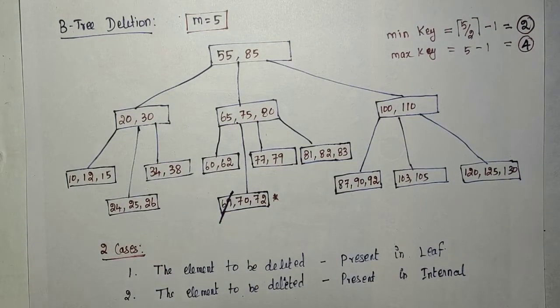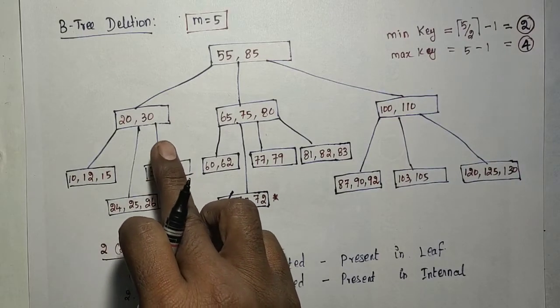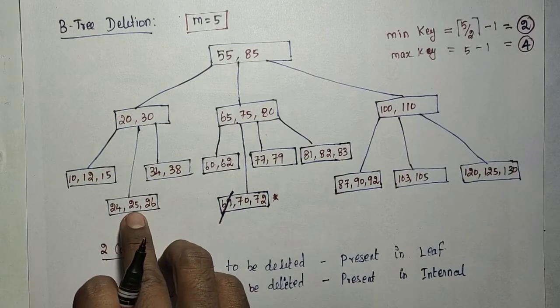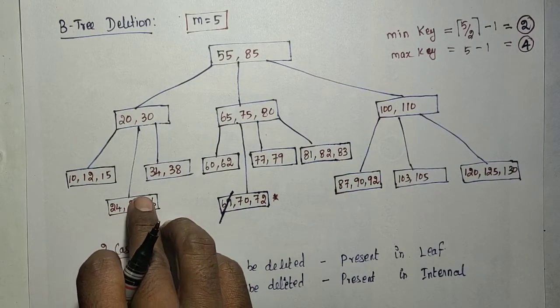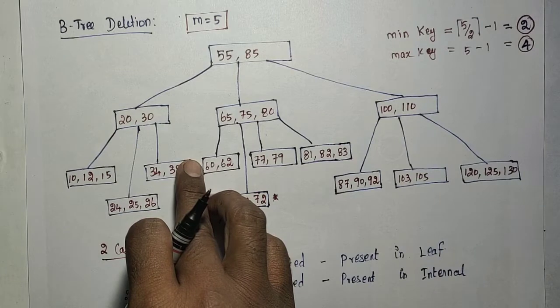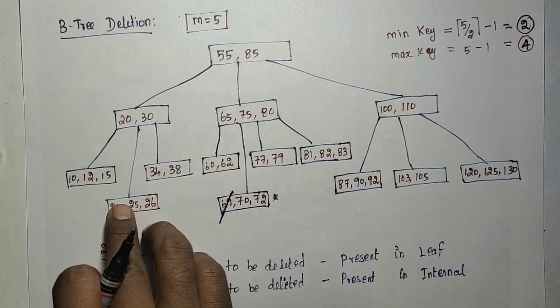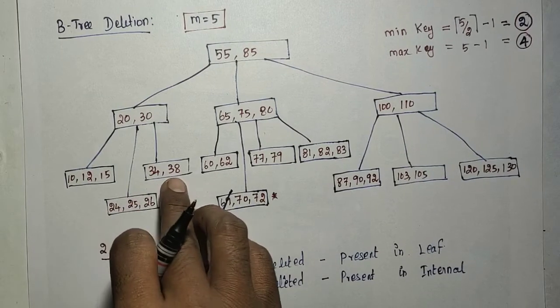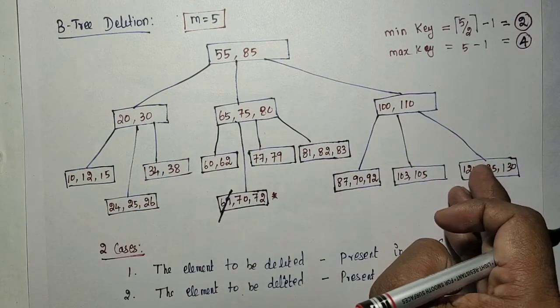The first situation is the left. If the left sibling does not have enough elements to give, in that situation we can go for the right.